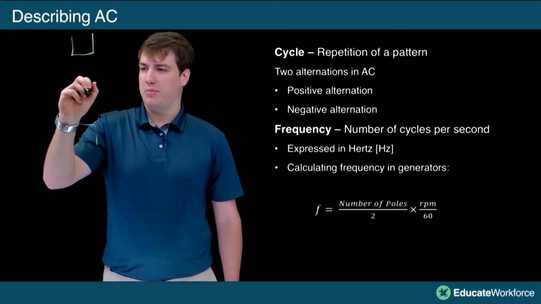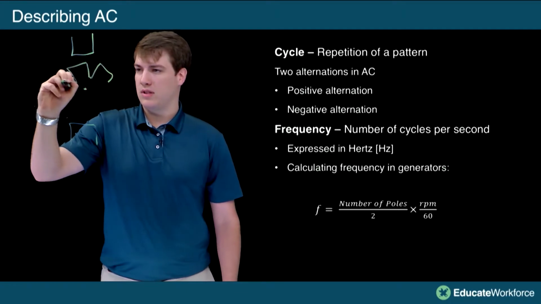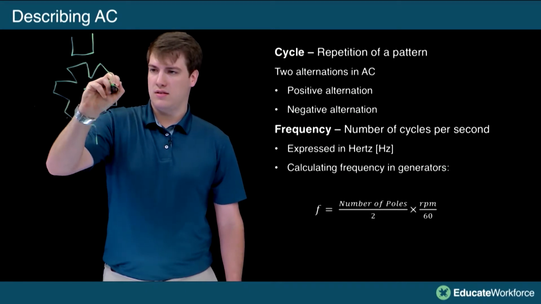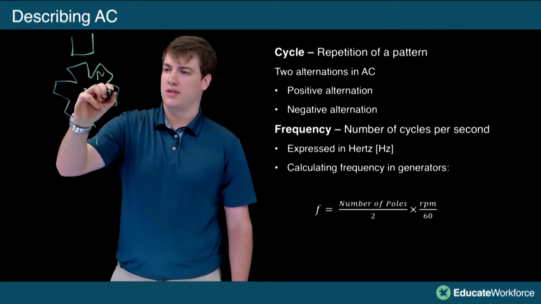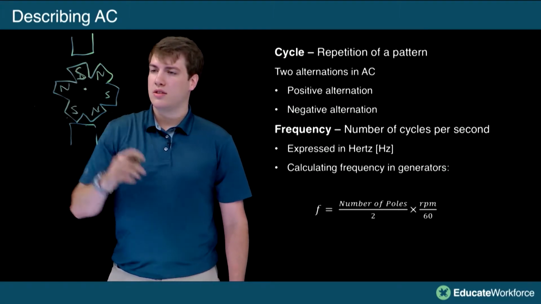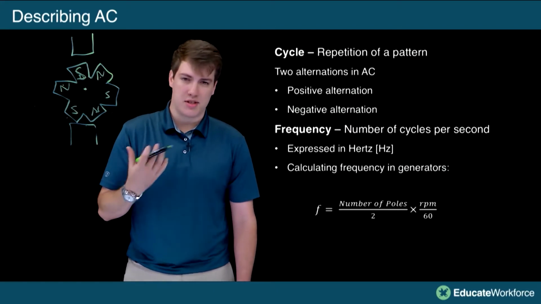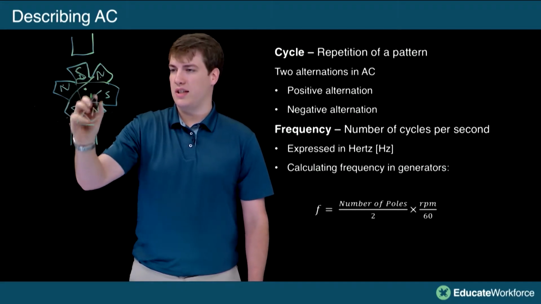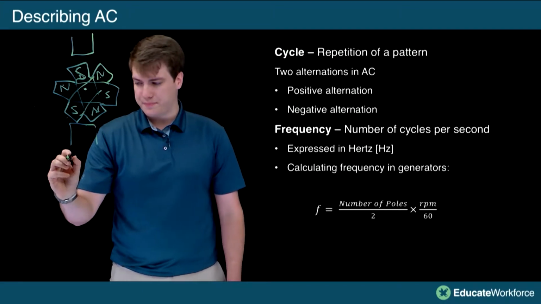So we've got a piece in here with north, south, north, south, north, south. When we talk about poles, we're not talking about counting each of these. We're talking about sets of poles. So we've got 1 set of north and south here, 1 set here, 1 set here. So let's say we have a 3-pole generator in this case.